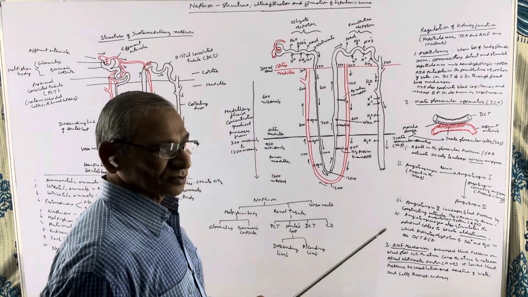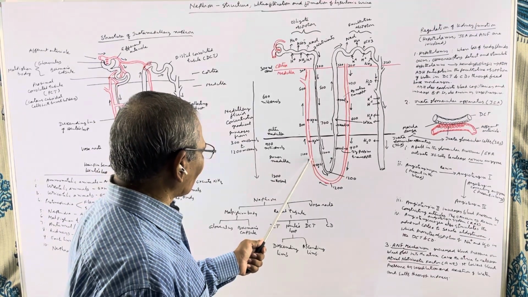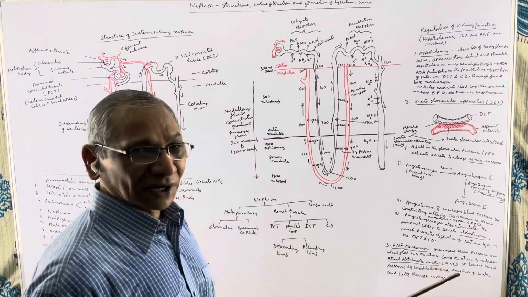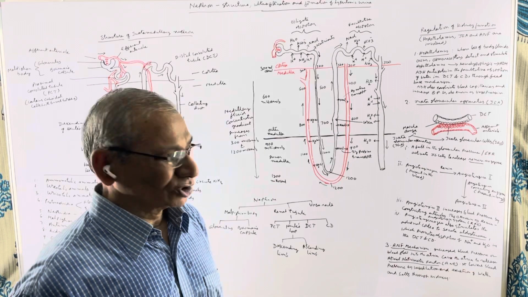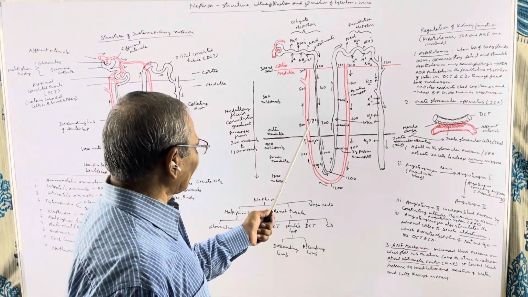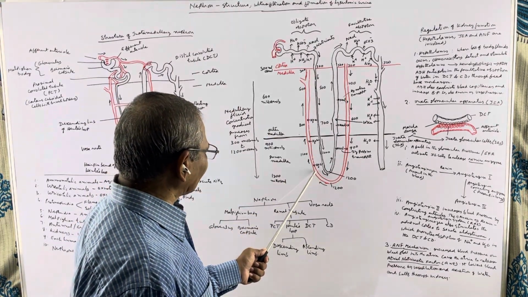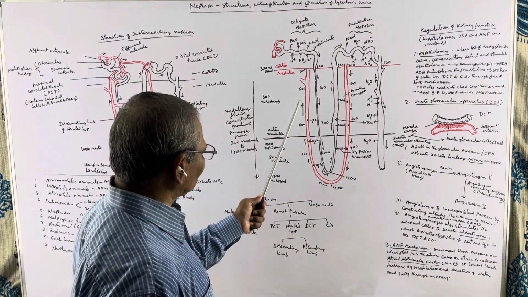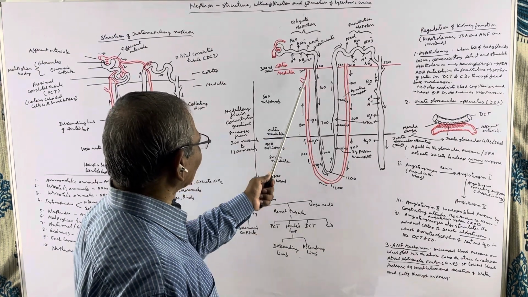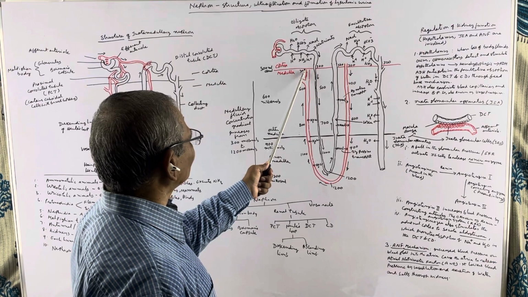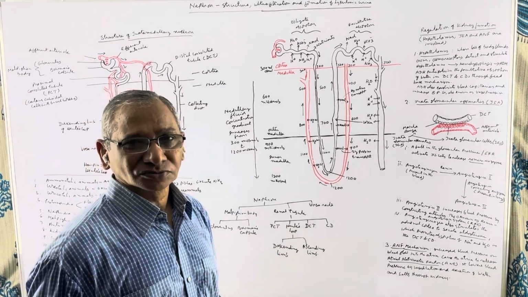It means as water flows into the blood of the ascending limb, the blood gets diluted. So, by absorbing this water, the blood flowing through the ascending limb of vasa recta gets diluted, and by the time it reaches the cortical level, its osmolarity is reduced to 300 milliosmoles.